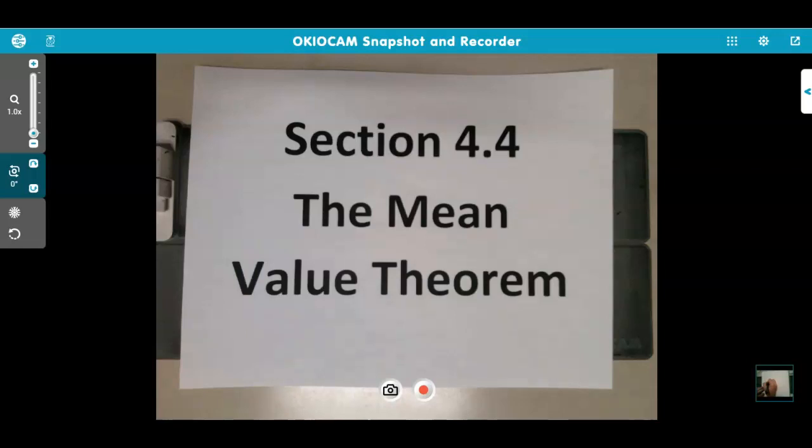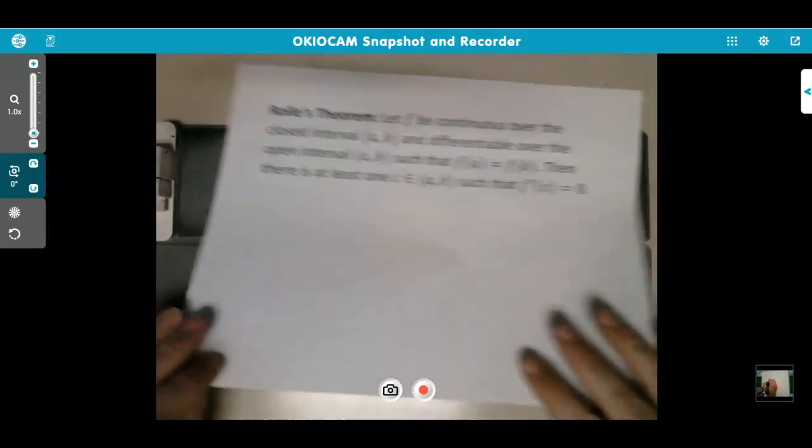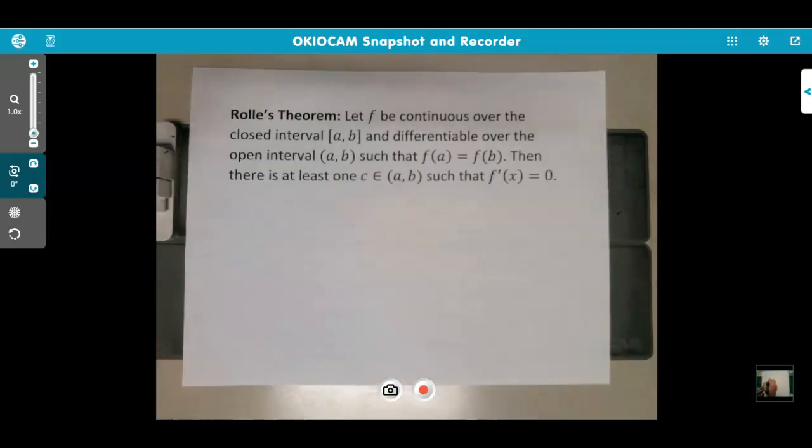All right, we can now move on to section 4.4, which talks about the mean value theorem. Before we can talk about the mean value theorem, we have this other thing called Rolle's theorem. Let f be continuous over the closed interval from a to b and differentiable over the open interval from a to b, such that f of a is equal to f of b.